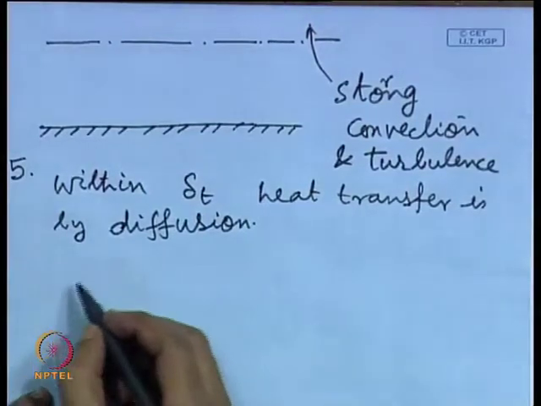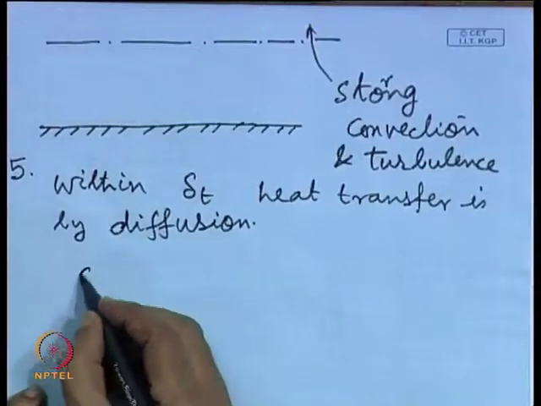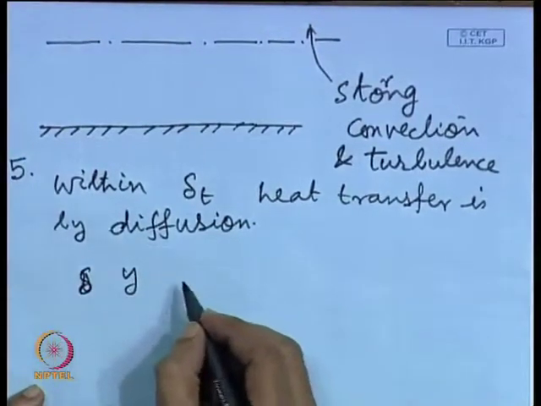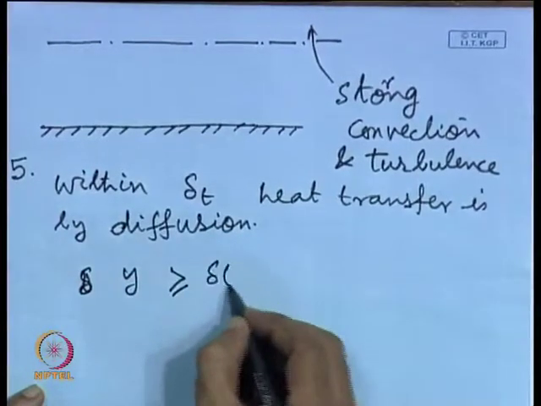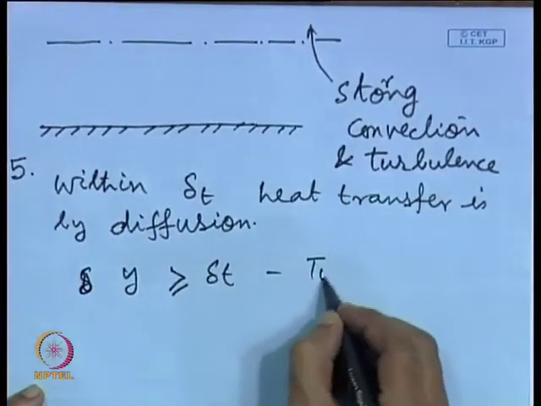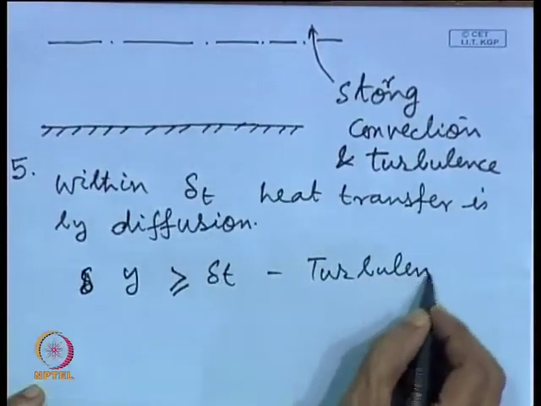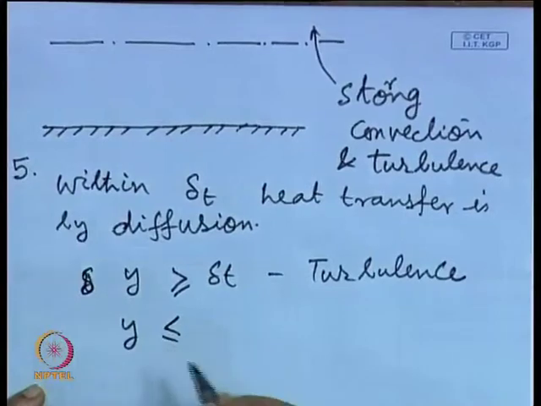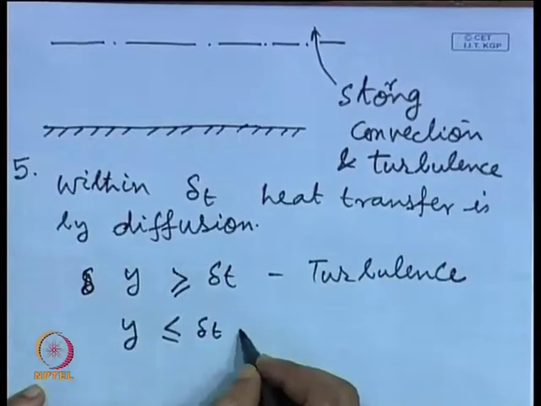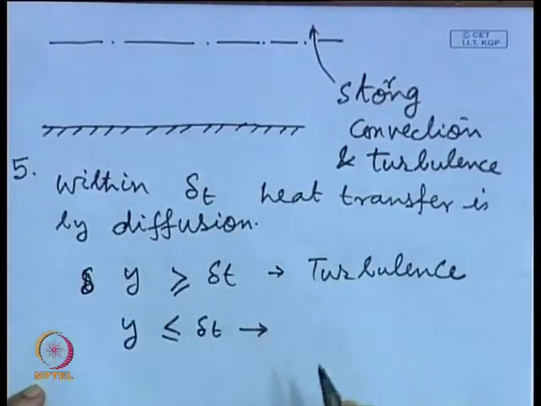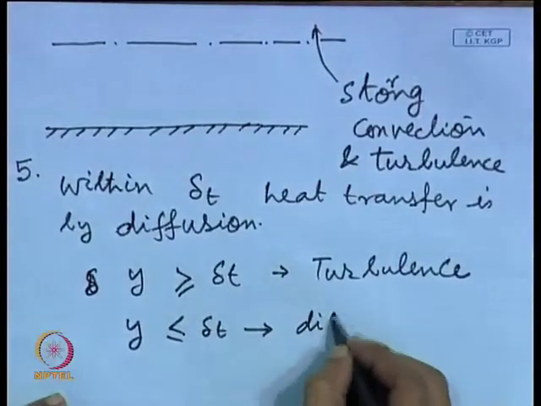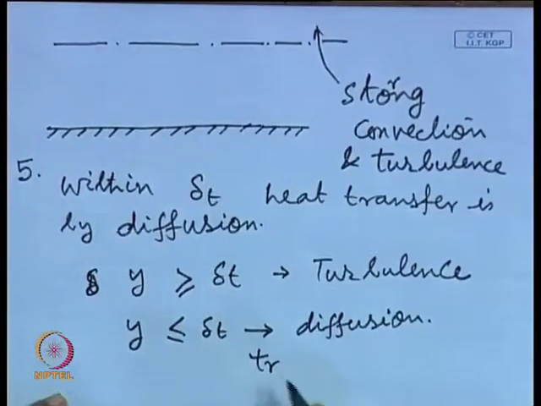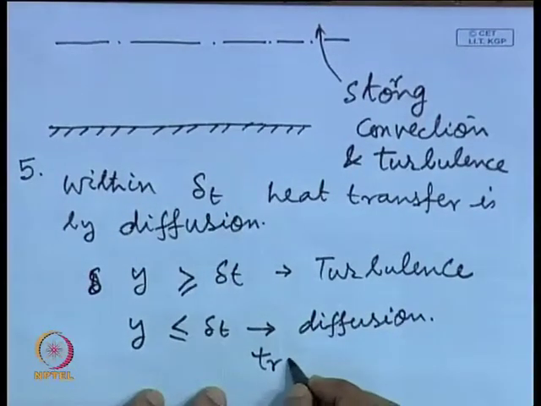So, basically we have two regions: when y is greater than or equal to delta T, we have the effect of turbulence, and y less than or equal to delta T, we have molecular diffusion, transient conduction being the attribute of that.